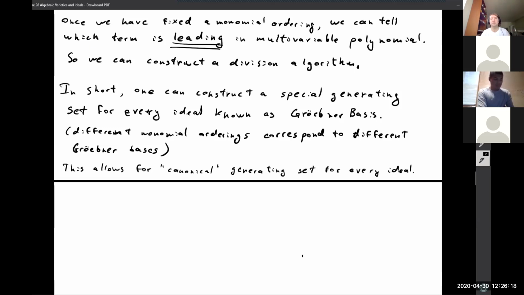In particular, we can tell when two ideals are equal to each other by computing this canonical generating set, known as the Grobner basis. And they will be equal to each other if and only if these canonical generating sets coincide. So let me stop here.